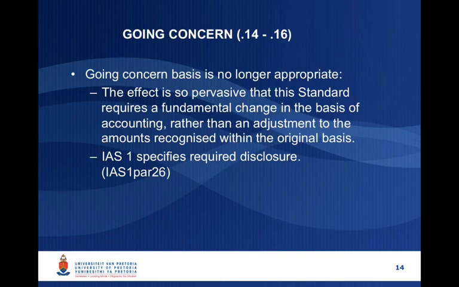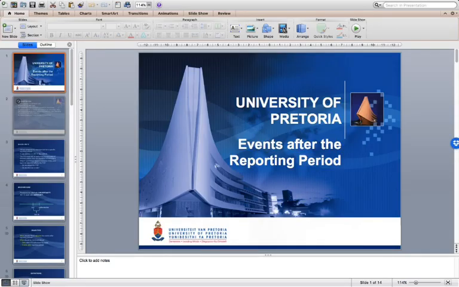Because you set up your financial statements to show that you are going on in the future as a business, as a going concern. But now you are not. So now you can't prepare your financial statements on the basis that you are a going concern in the future, because you're not. You're going to liquidate or you're going to cease trading. And that is the end.